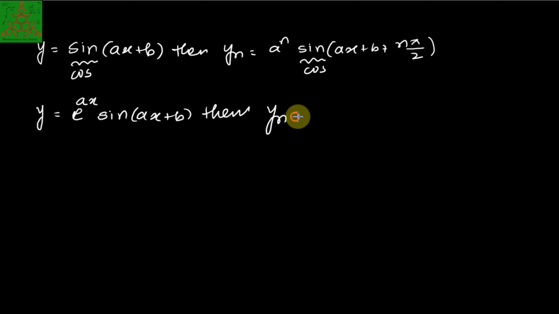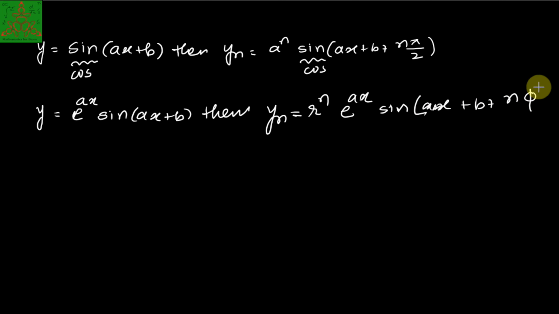Then yn is r power n e power ax sine(ax plus b plus n phi), where r is the square root of a square plus b square and phi is tan inverse of b upon a.